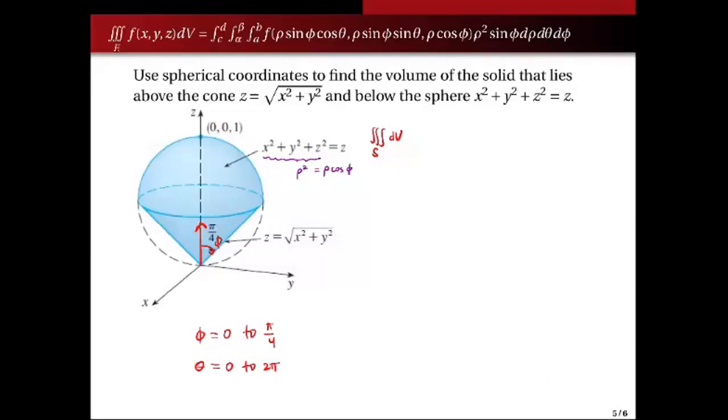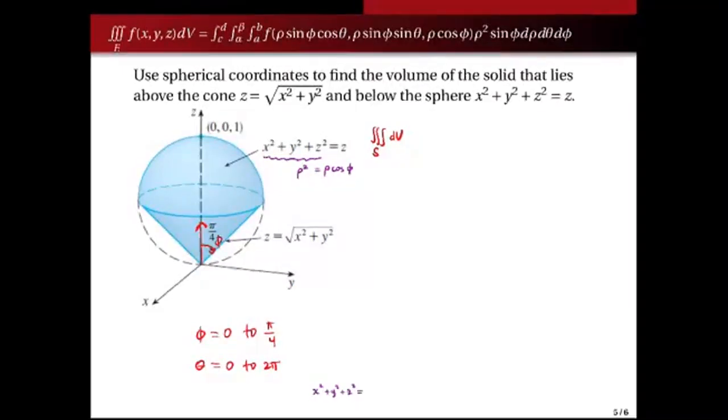You have x squared plus y squared plus z squared equals z. You bring this to the other side. You will have x squared plus y squared plus z squared minus z equals 0, correct? And then you complete the square for the z part.